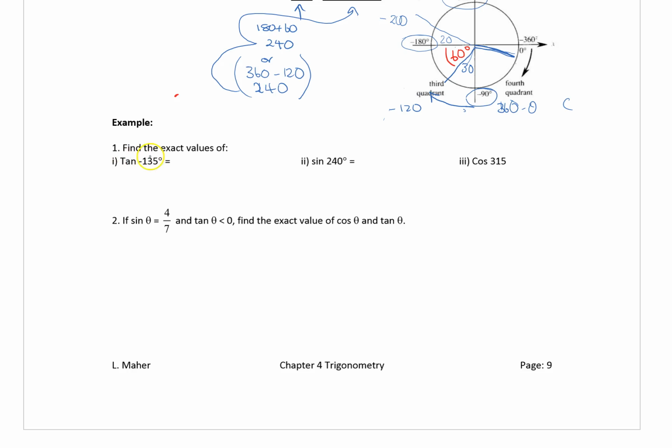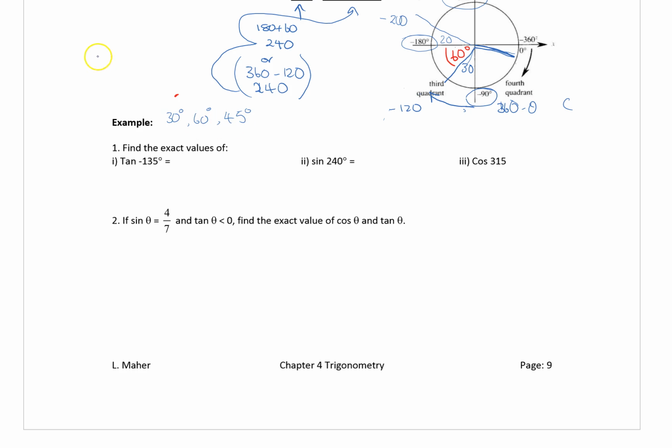So let's have a look at some of these examples. Number 1 says, find the exact value. Exact value, that should trigger, these are going to be about 30 degrees, 60 degrees, or 45 degrees, because they're our three angles that we're frequently asked about and required to give the answer in exact form, because they all have surds.